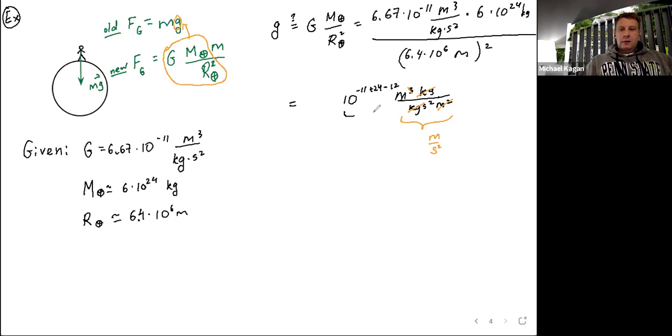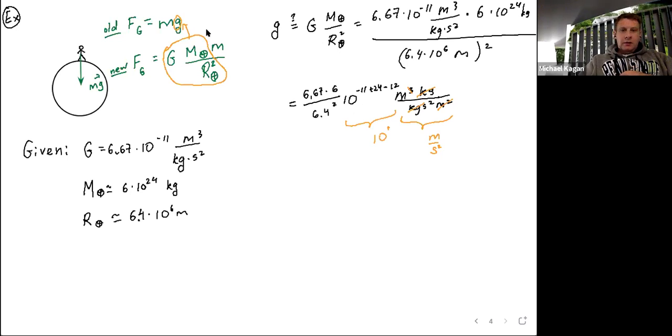Okay, and this is 10 to the first, right? And finally, you collect the rest, which is not that bad anymore, 6.67 times 6 over 6.4 squared. Okay?